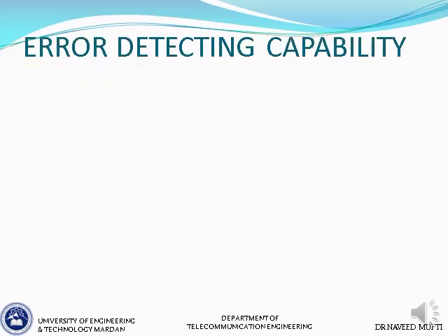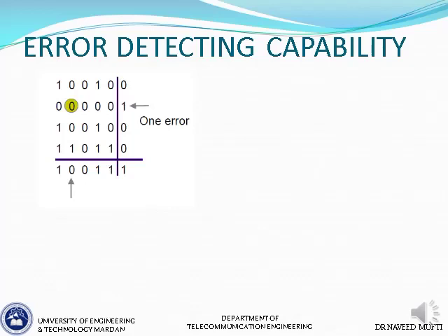Okay, so now let's consider another example for the receiver and see what happens at the receiver. So let's say this is what the receiver has received. As this figure shows, these are the data bits up until here, and these are the extra parity bits that we added for every word. So this was the data word, we added this parity bit, so this became our first code word, that is our second code word, with this being the value of the parity bit, the third, the fourth.